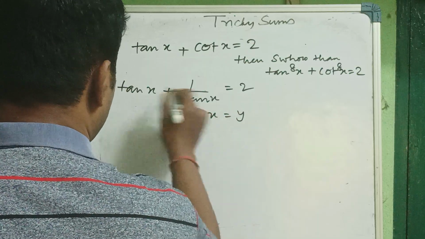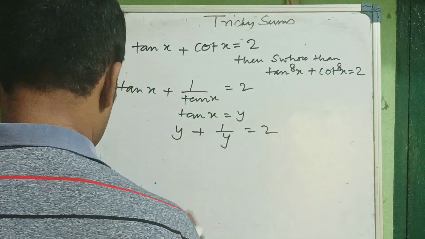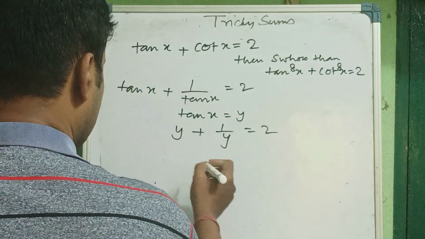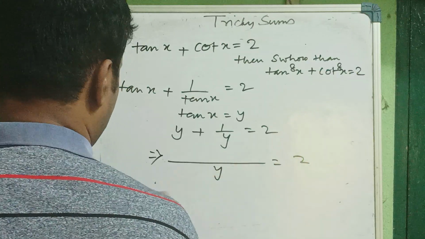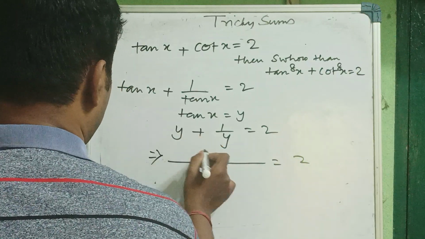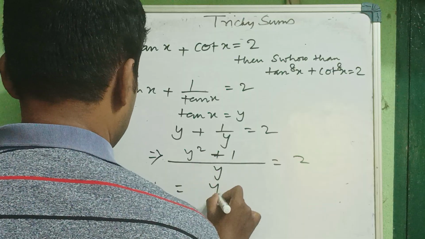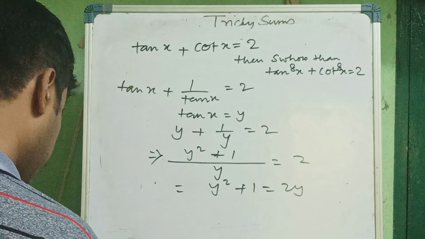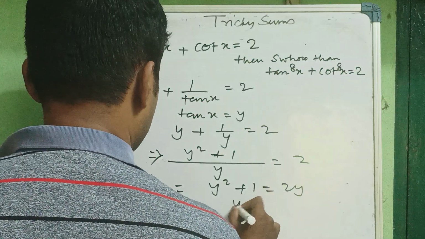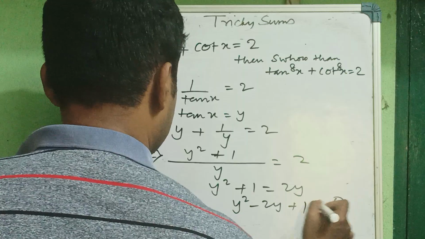So my simplification is y plus 1 by y equals 2. Taking LCM, y times (y squared plus 1), so y squared plus 1 equals 2y, and that is y squared minus 2y plus 1 equals 0.